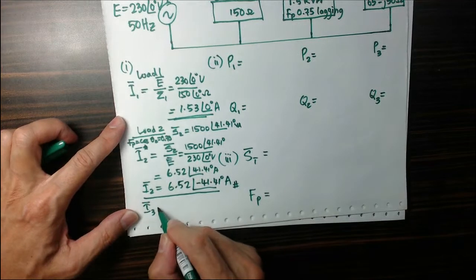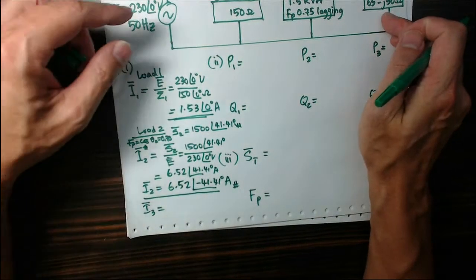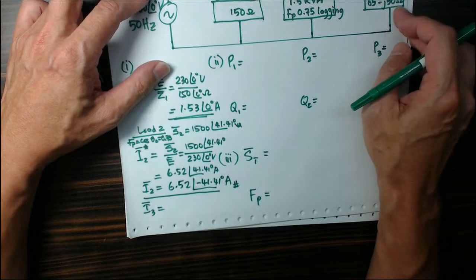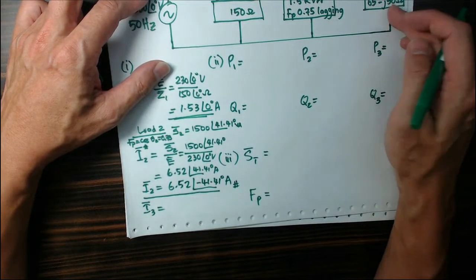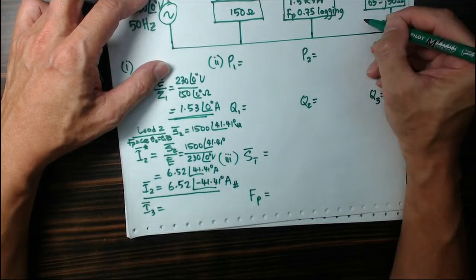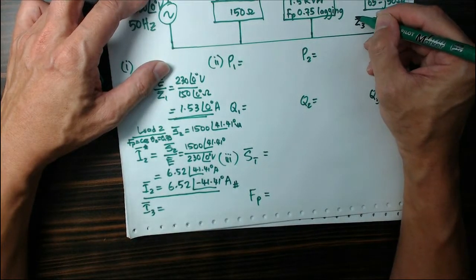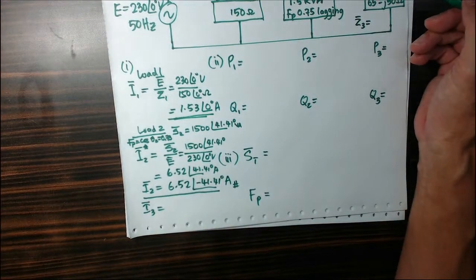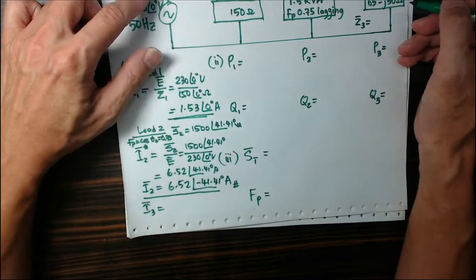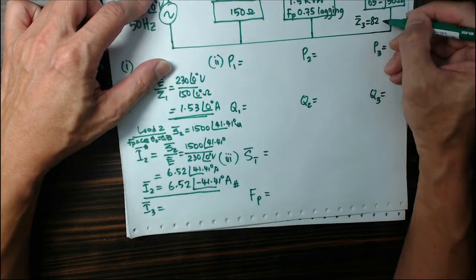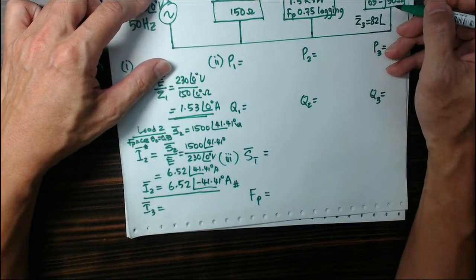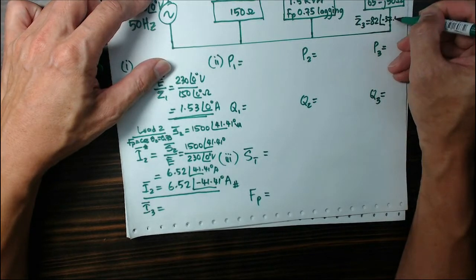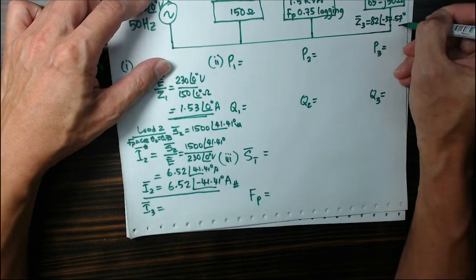And finally I3. Since the information provided is regarding the impedance, I can convert this impedance into its polar form. So Z3, using my calculator to convert, I get 82 angle minus 37.57 degrees ohms.